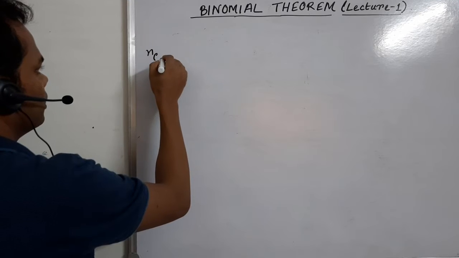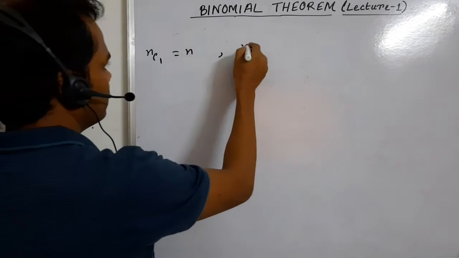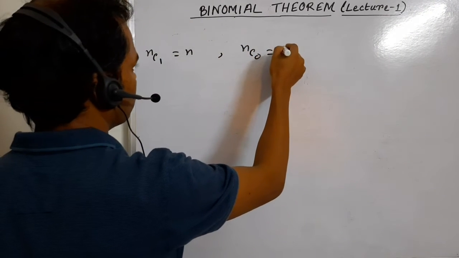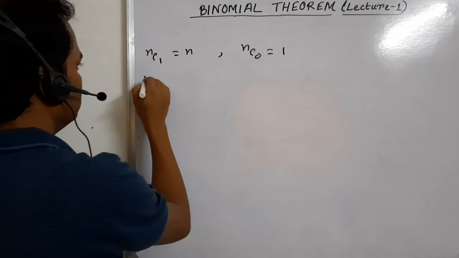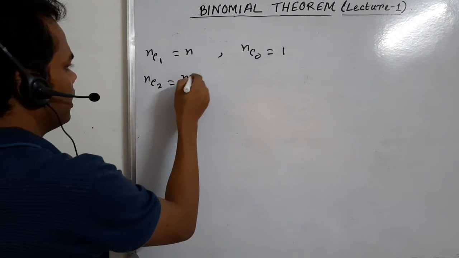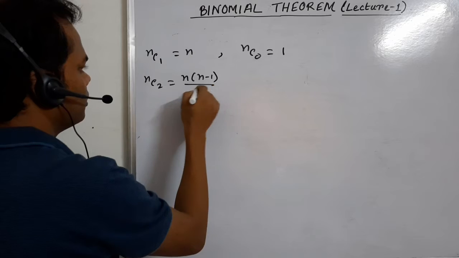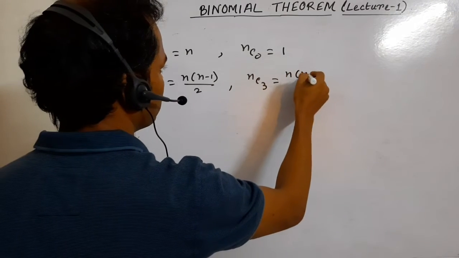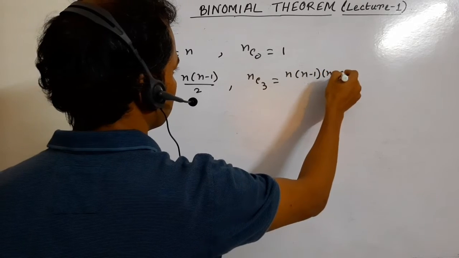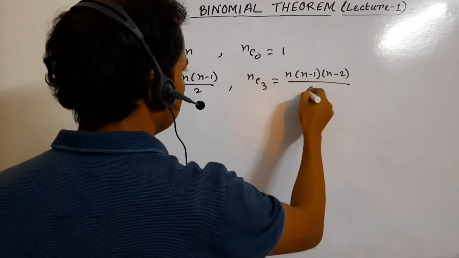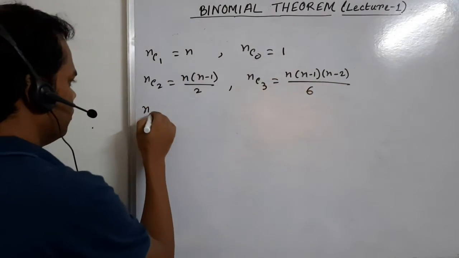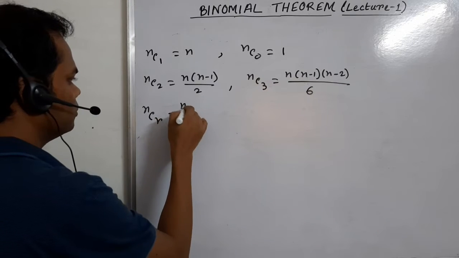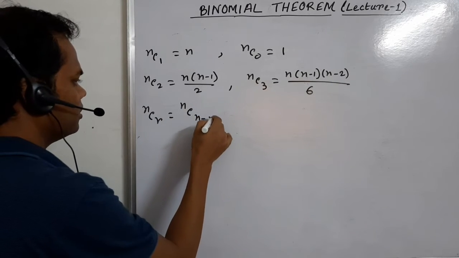Now nC1 equals n, nC0 equals 1, nC2 equals n(n-1)/2, nC3 equals n(n-1)(n-2)/6. Now nCr equals nC(n-r).